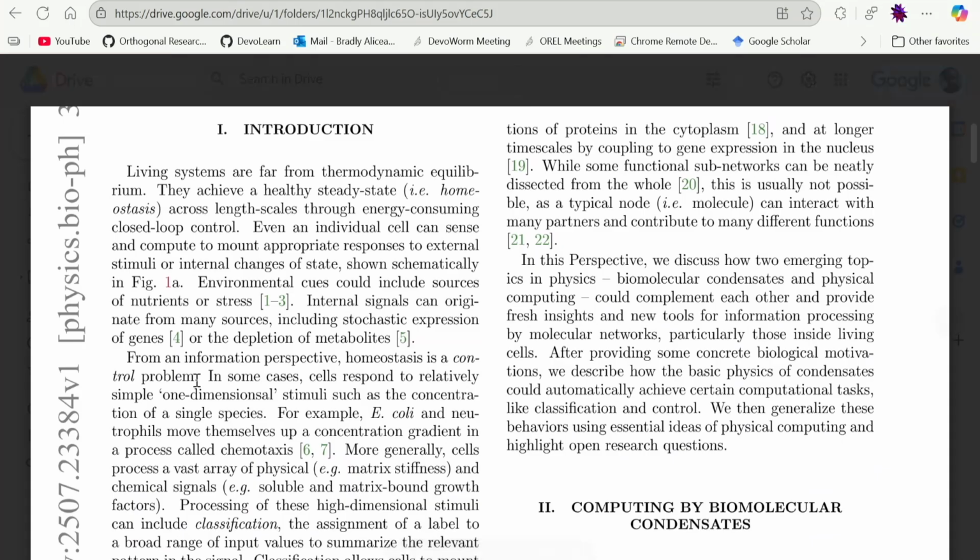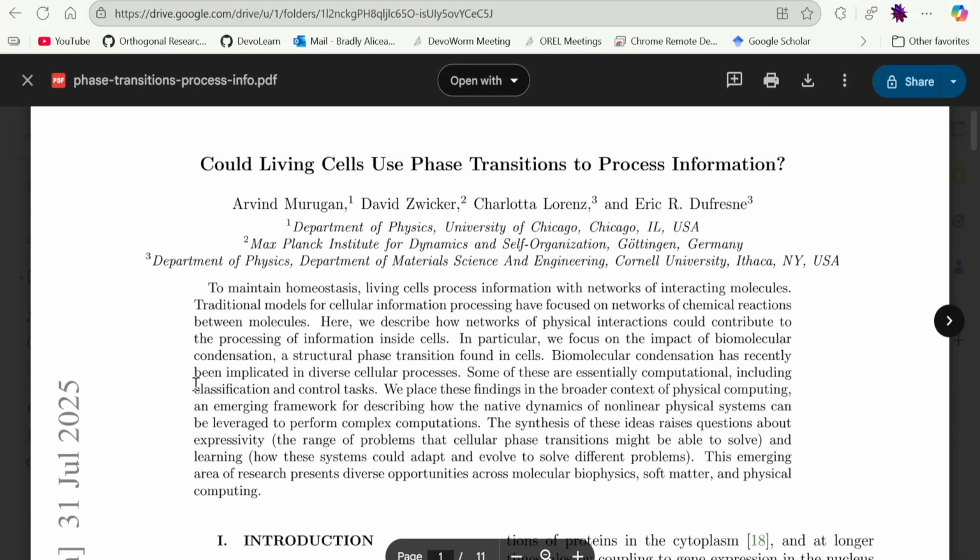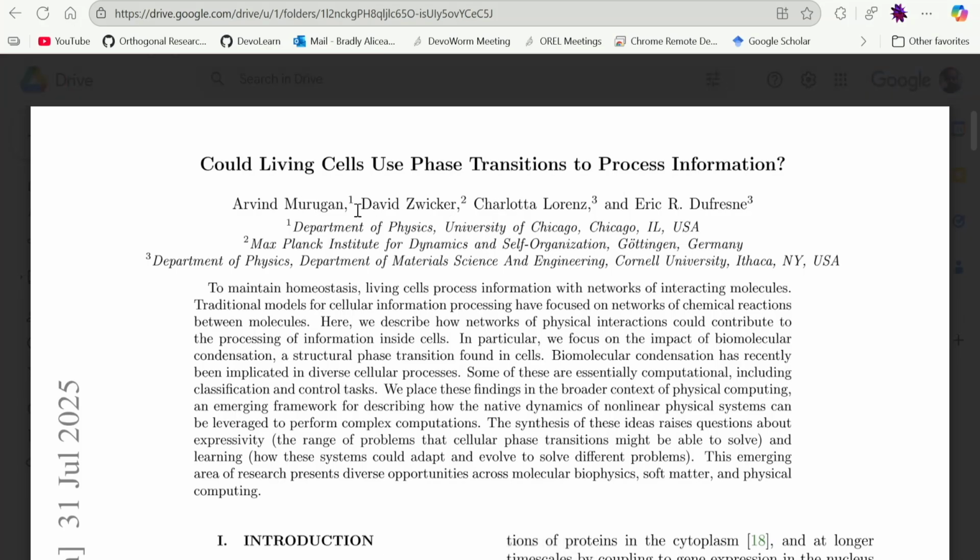This is from Biological Physics. This is Arvind Murugan and colleagues, and this is called "Could Living Cells Use Phase Transitions to Process Information?" So this is heavy duty biophysics, considering phase transitions as a source of information processing.